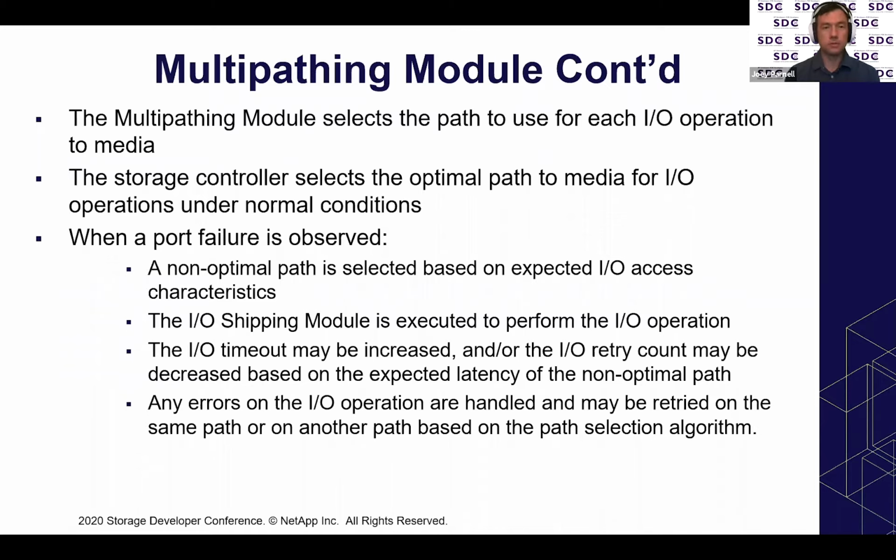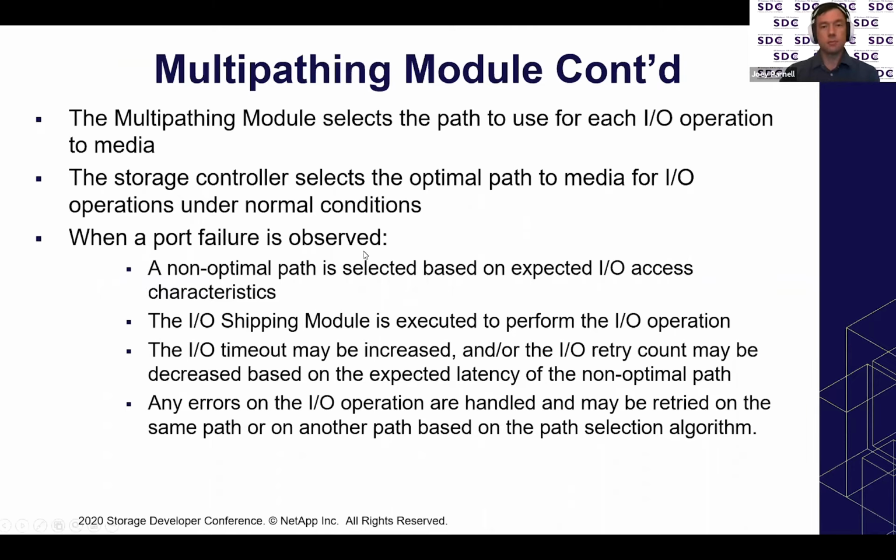So the multipathing module selects the path, as I think I already mentioned, what path should be used for a given I/O as I/Os are coming in. And it's not happening in the I/O context. The I/O context is just going to whatever the active path is, and then the configuration context is switching the path based on these events.